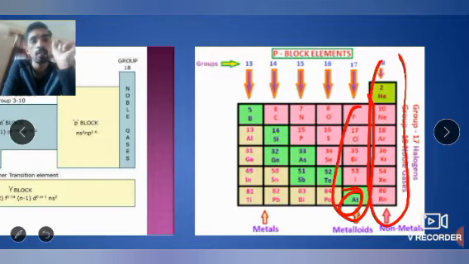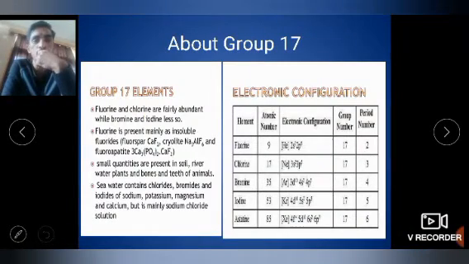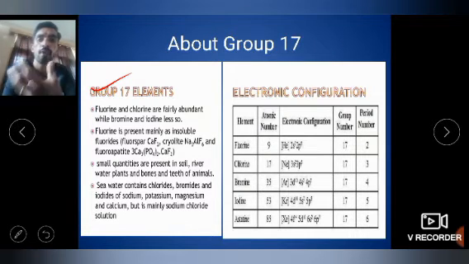Special features. See, group number 17 and group number 18 are very important in P block elements. So today we are doing a very important group, that is group number 17. If we talk about the information on group 17, you can read it yourself also. Fluorine and chlorine are fairly abundant, while bromine and iodine less so. It means fluorine and chlorine are found in our surroundings in an abundant way. Abundant means maximum.